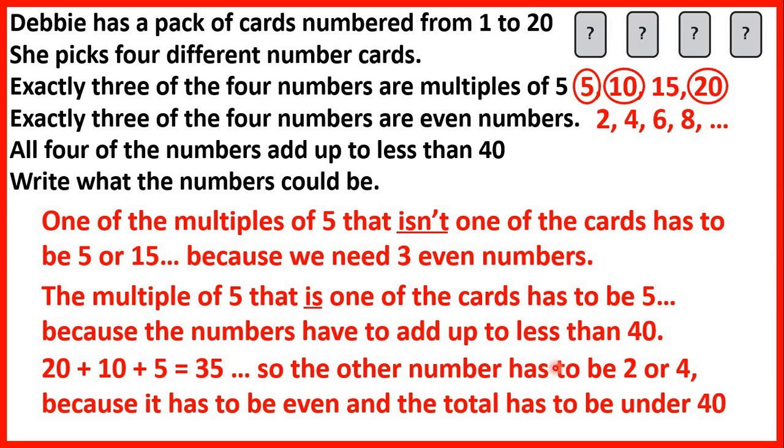So the other number has to be 2 or 4, because it has to be even, a multiple of 2, and the total has to be under 40. So she might have chosen 2 as her even number card, or 4. So the numbers could be 4, 5, 10 and 20, or 2, 5, 10 and 20.